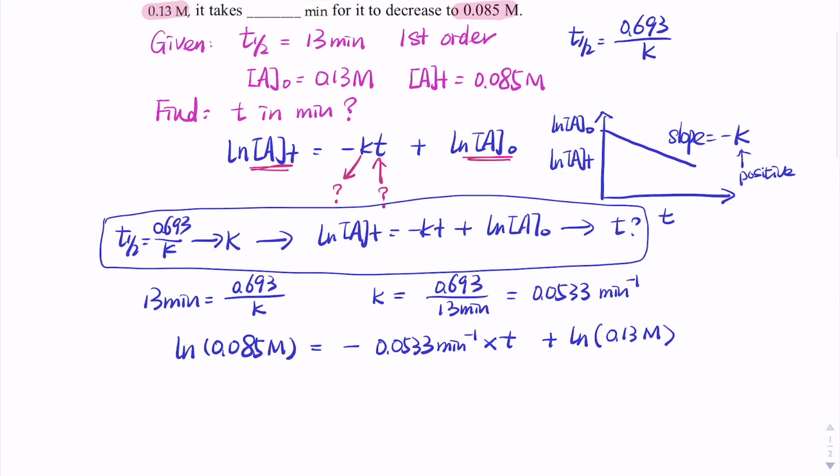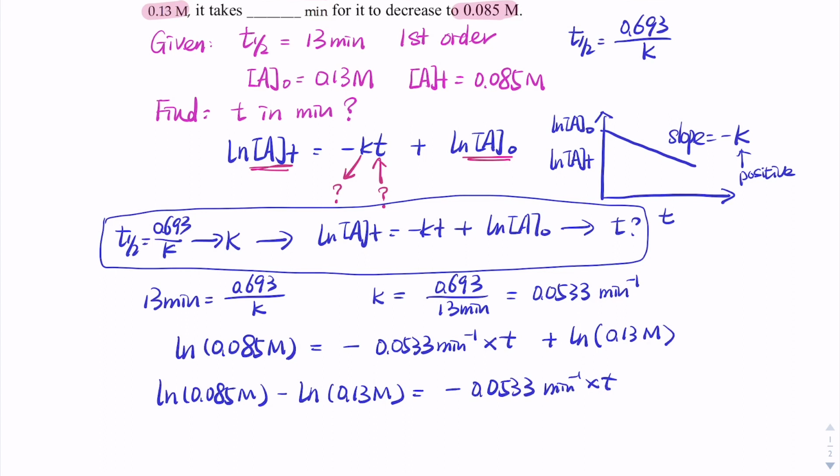Of course, at this moment you can put in ln 0.085 on your calculator, or you can reorganize it. If you put the ln 0.13 onto the left side of the equation, you have ln 0.085 minus ln 0.13 equals negative 0.0533 times t.